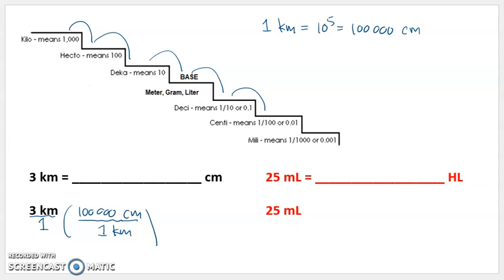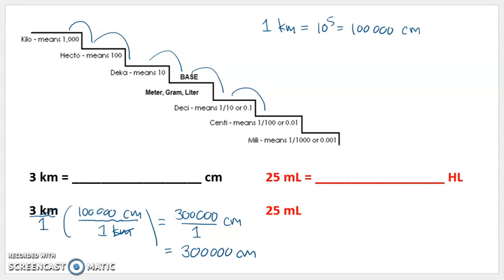Again, this conversion factor is equal to 1. Focusing on our units, a kilometer on the top cancels with a kilometer on the bottom, and I'm left with 3 times 100,000, or 300,000, over 1 times 1, which is just 1 centimeter. That's the only unit that's left.